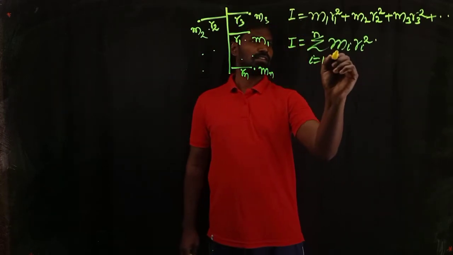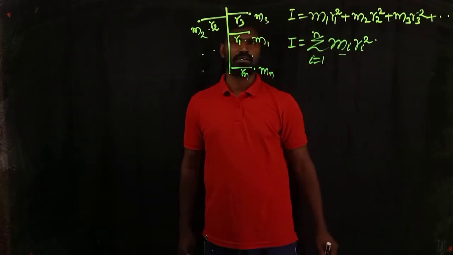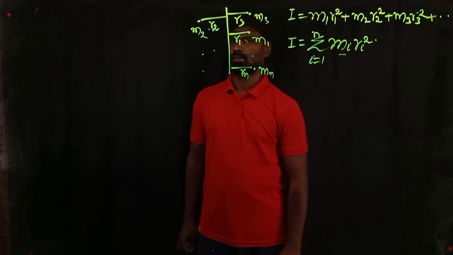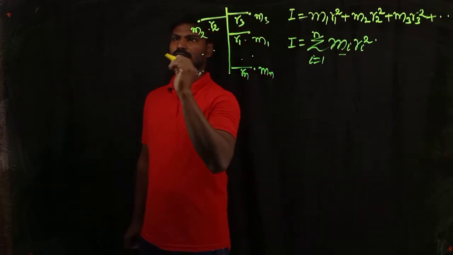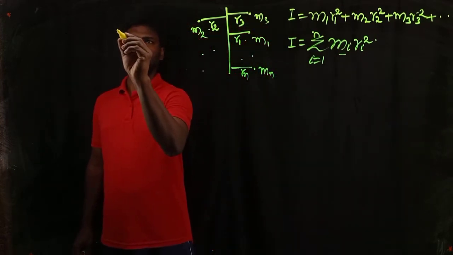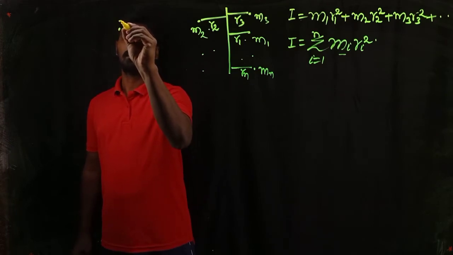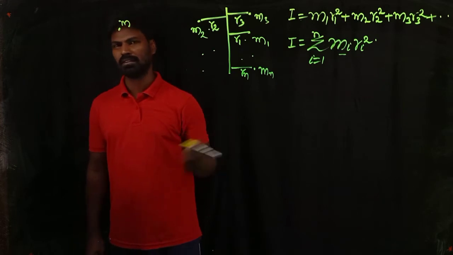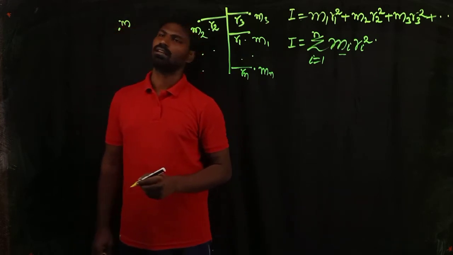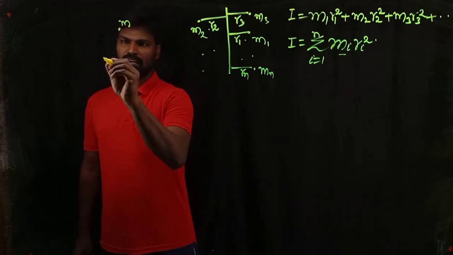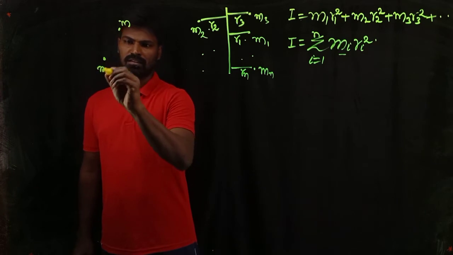Now, by using this expression, how to calculate? As an example, here I am going to consider a three particle system. Here there is a particle of mass, let me call it m. For simplicity's sake, I am taking all the particles having the same mass m, and here there is another mass m.